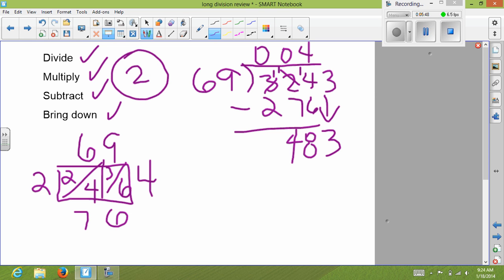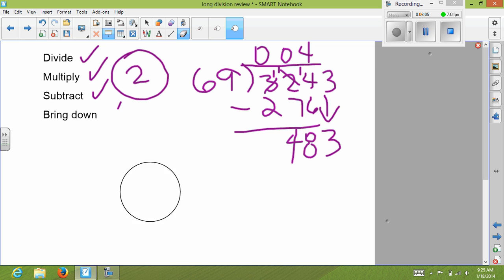Remember, we're thinking about 7s. So how many 70s are in 483? 7 times 6 is 42. 7 times 7 is 49. So that's really close for both of those. So what I think I'll do is I'll do 6.